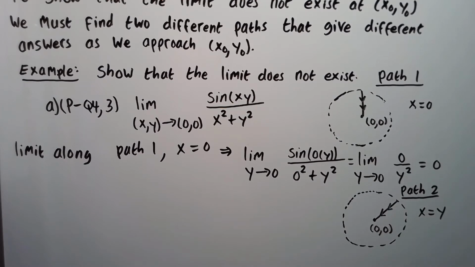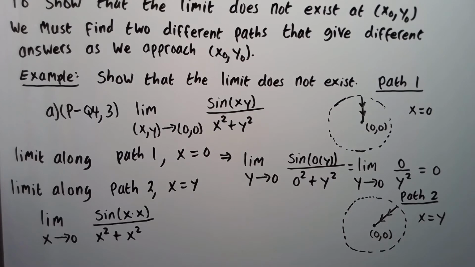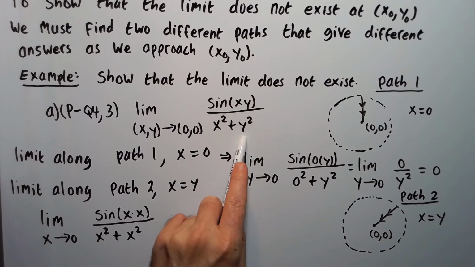Okay, so let's look at the limit along that path now. The limit along path 2, where y equals x, is just the limit as x goes to 0. In place of y, I'm just going to replace the y with an x.